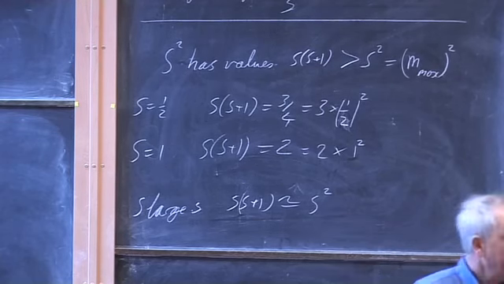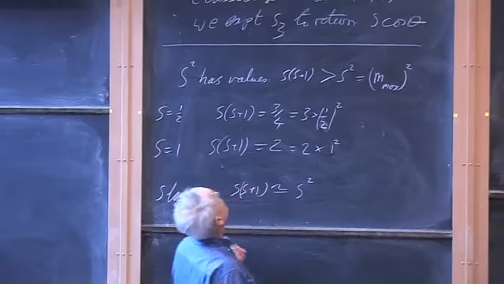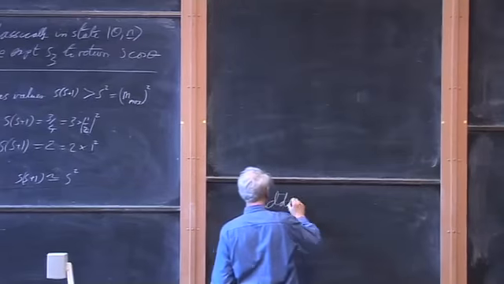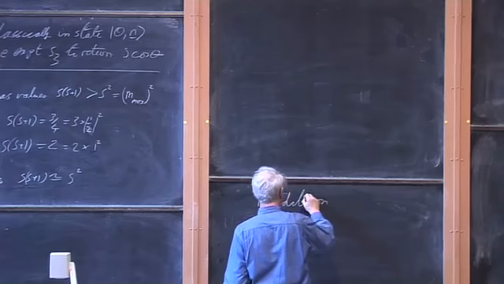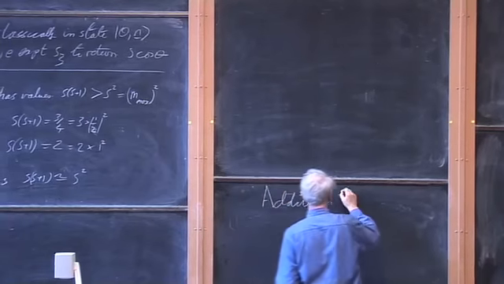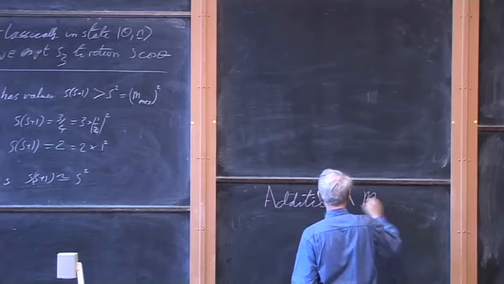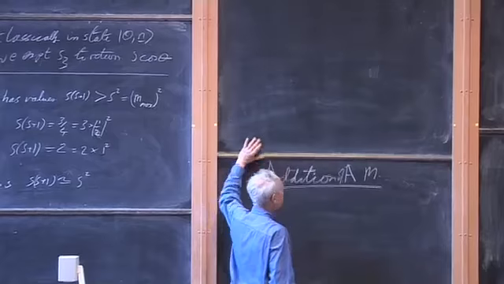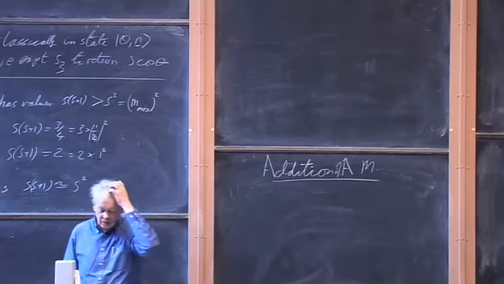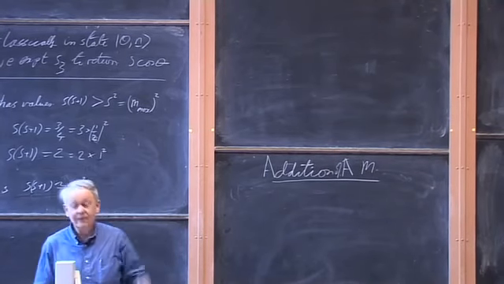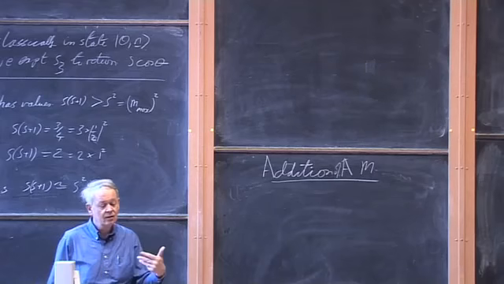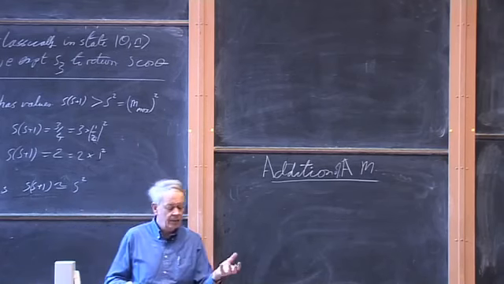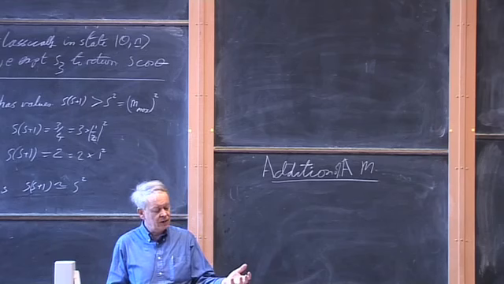Okay. So I now want to turn to a new topic, which is the addition of angular momenta. The last thing we have to do with angular momentum. This is a very important topic for atomic physics, because atoms contain, the simplest atom, hydrogen, already contains a proton that carries a half ħ of spin.